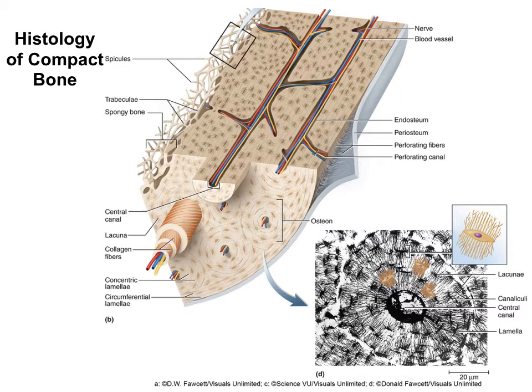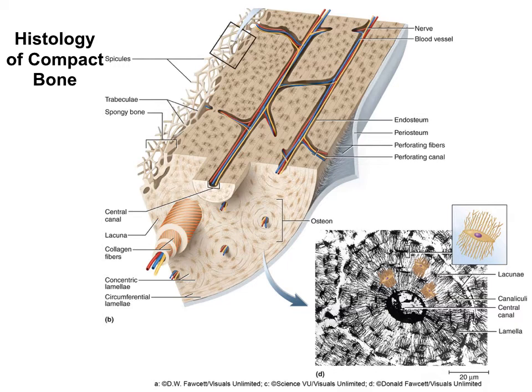Now, what this perforating canal does is it brings into your bone tissue blood vessels, nerve endings, and lymphatic vessels. So it's bringing your blood supply into your bone. It's bringing nerve endings into your bone.